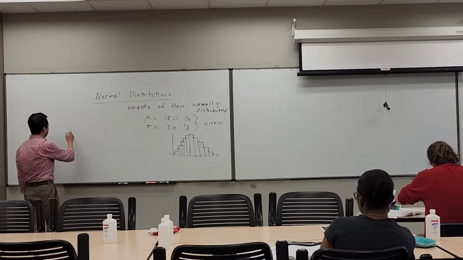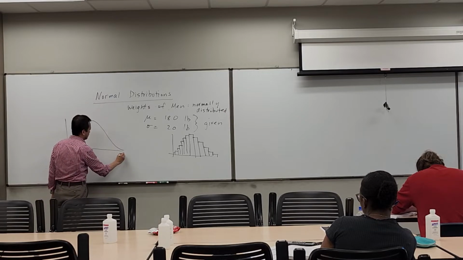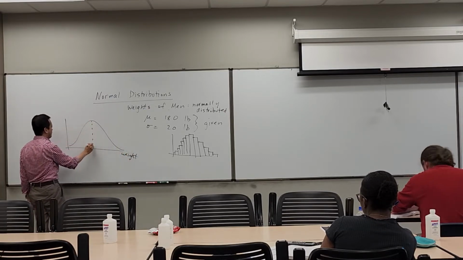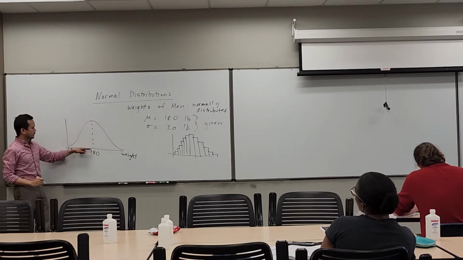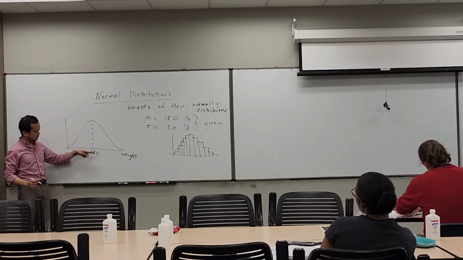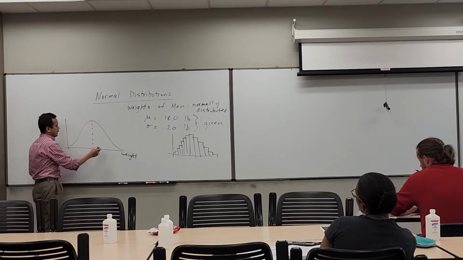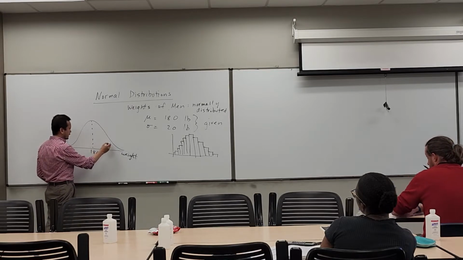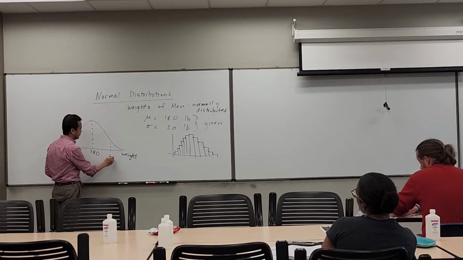So for example, knowing that this weight variable is a bell curve, the mean is where the most number of people have that value. In this case, the mean is at 180. And so last time we started talking about, let's say we were interested in the percentage of the population that has a weight that's less than 215.